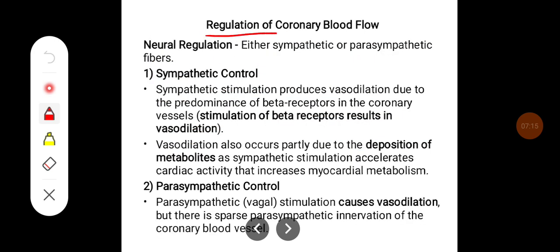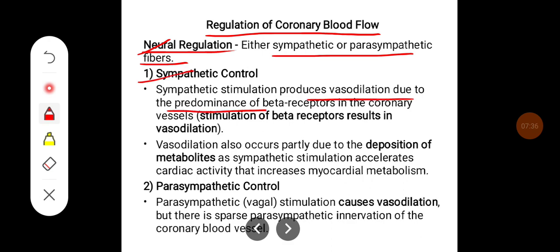Coming to the regulation of the coronary blood flow. Important are the neural regulation, metabolic regulation and the physical factors. Neural regulation involves either sympathetic or parasympathetic fibers. Sympathetic control: sympathetic stimulation produces vasodilatation due to the predominance of beta receptors in the coronary vessels.